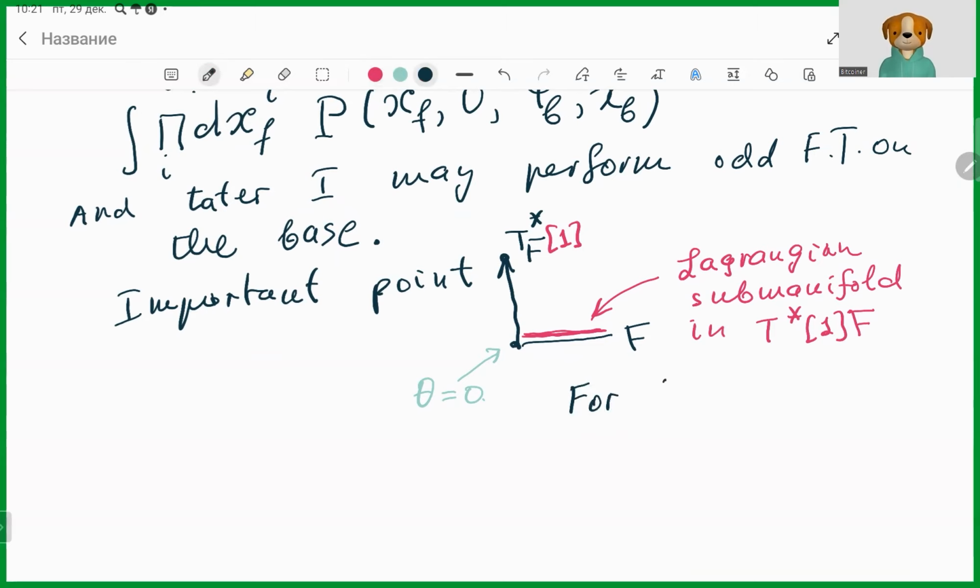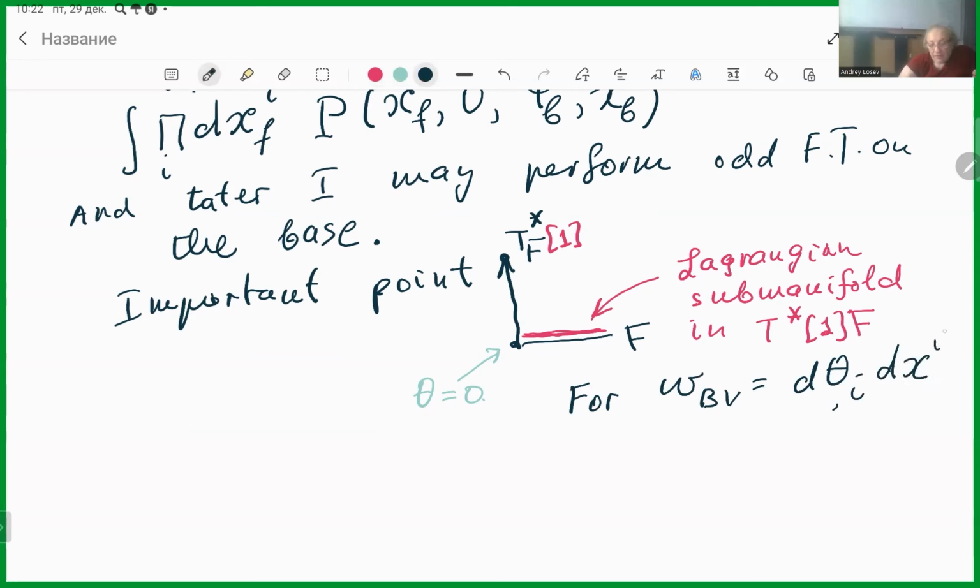For the symplectic form, that is d theta I dx I. So I put here fiber.